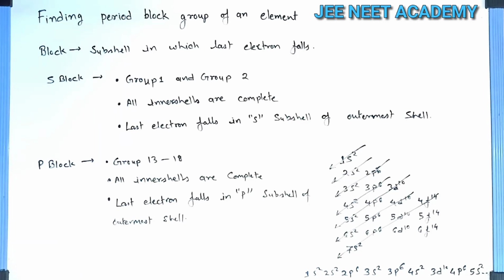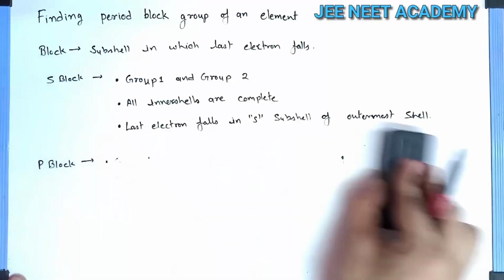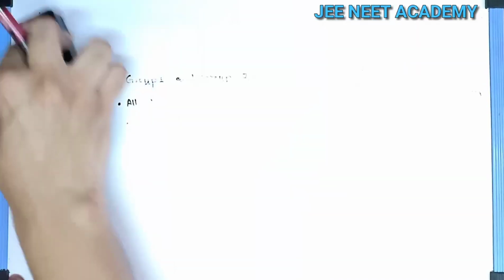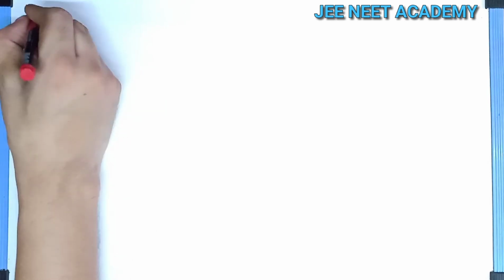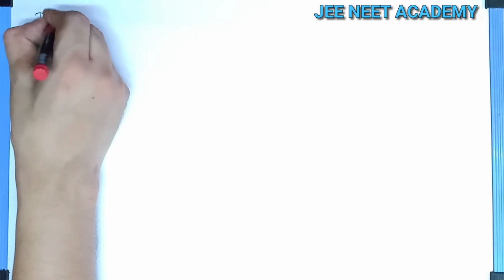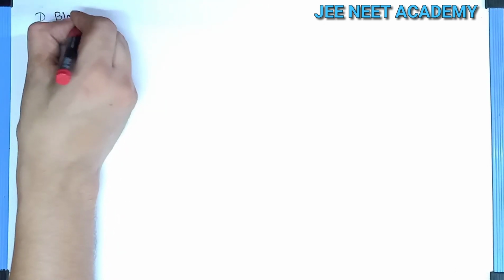Now we'll do the d block and f block. d block: elements in which the outermost shell and penultimate shell are incomplete.